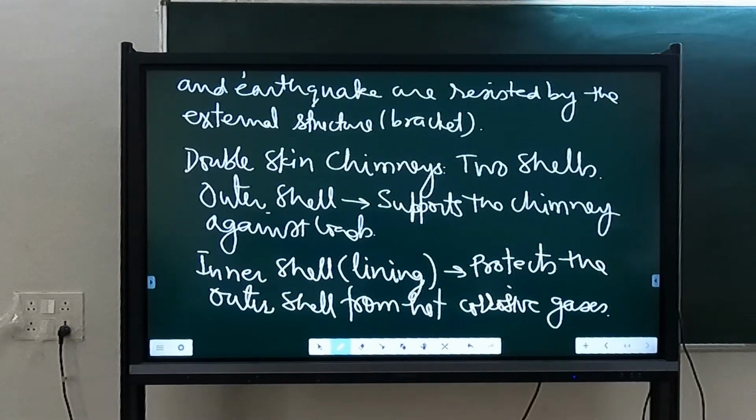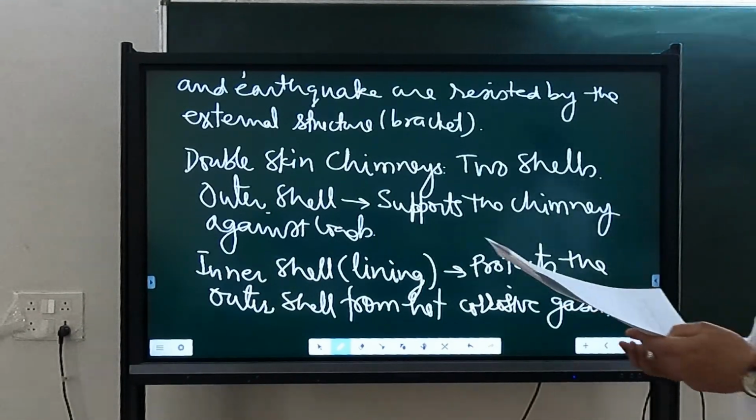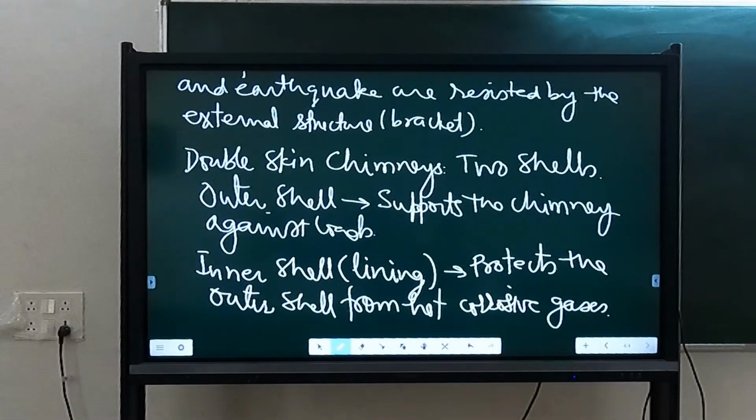Okay, so when you burn the clay, chemical changes take place and it becomes quite resistive to the corrosive effect of different chemicals, and it can also resist large temperatures, and it has good insulation also. So the temperature gradient in the outer shell is reduced, and the outer shell is protected from the corrosive gases.